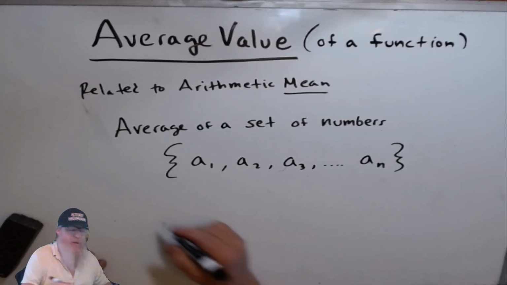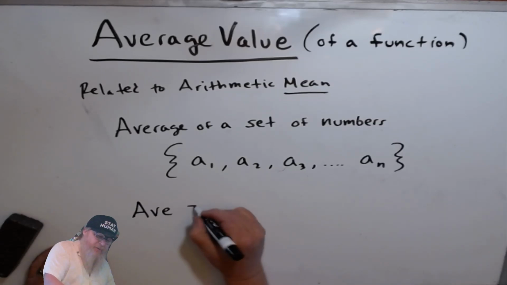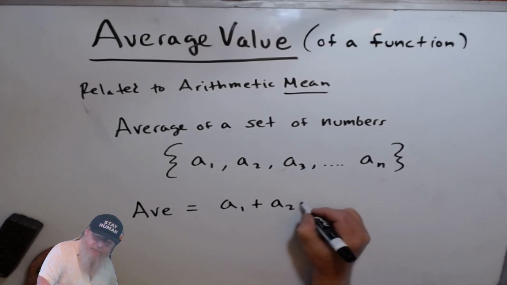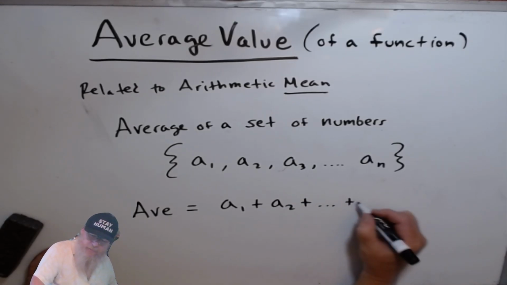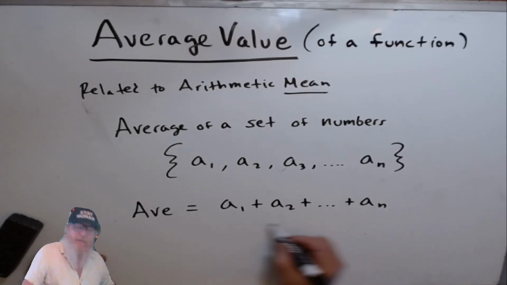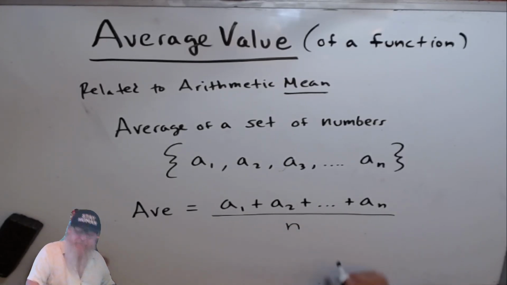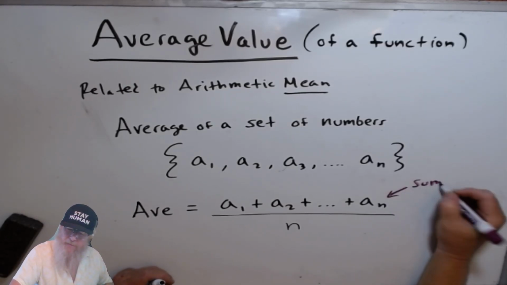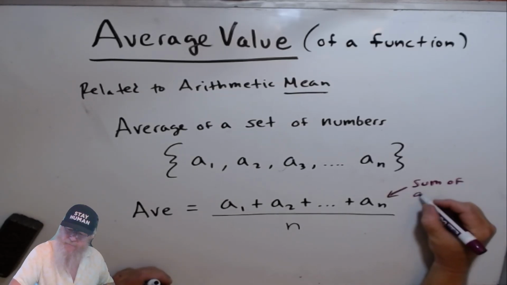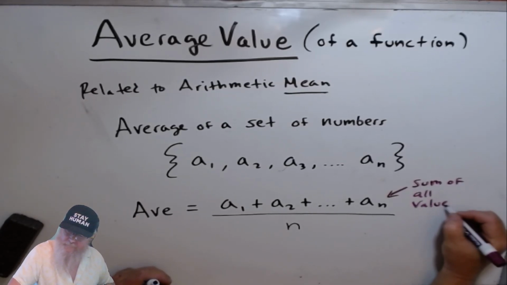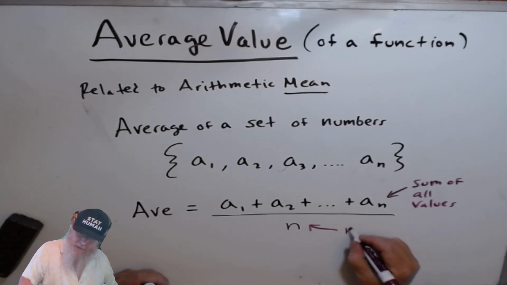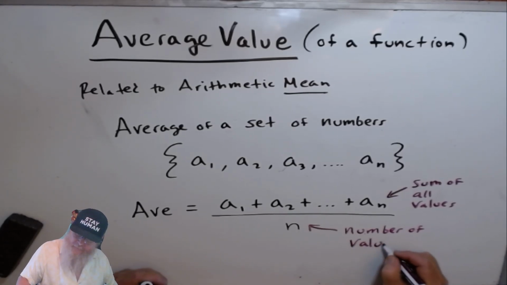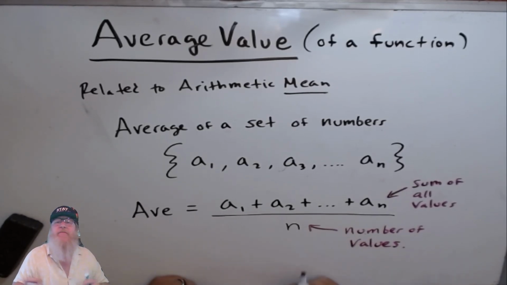Well, you probably already know this. The average is the sum of all these numbers divided by the number of numbers. So it's the sum of all the values divided by the number of values, or how many values are there?